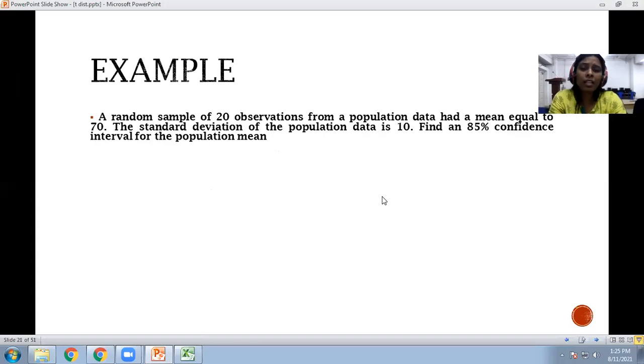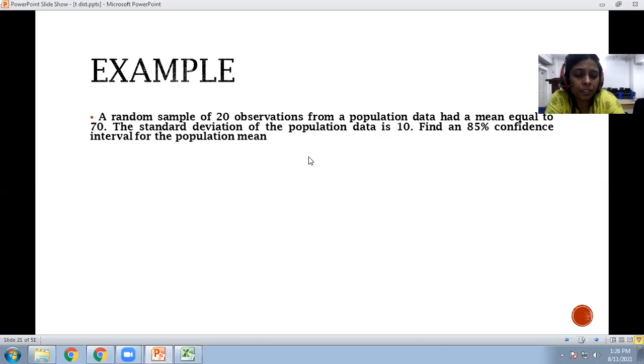So today's class will be focused on this particular question: a random sample of 20 observations from a population data had a mean equal to 70. The standard deviation of the population data is 10. You have to find the population mean for 85% confidence level.